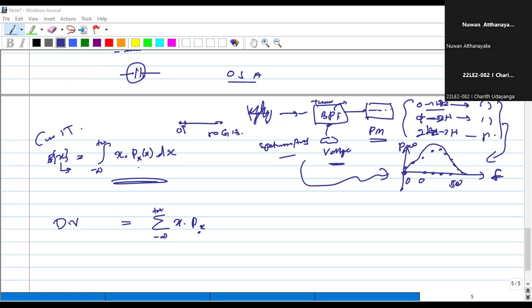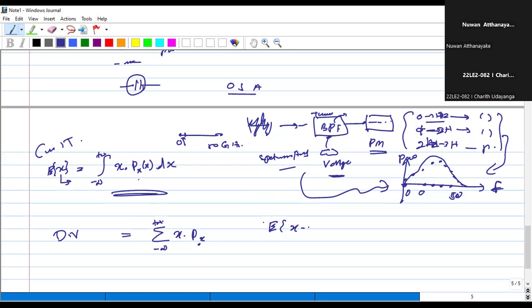Then variance means you have to get the x square minus mu. Maybe we can write it like this actually. The variance means you can calculate the expected value of (x minus mu) square.